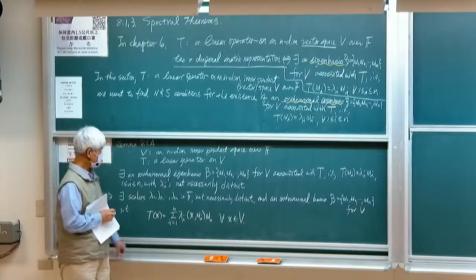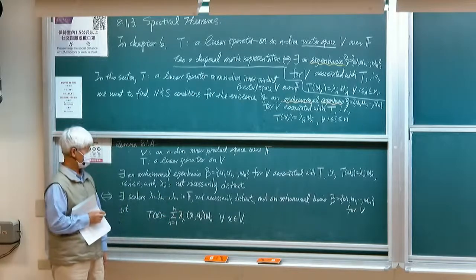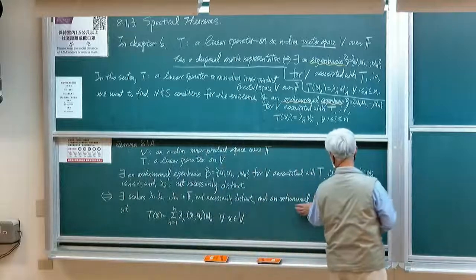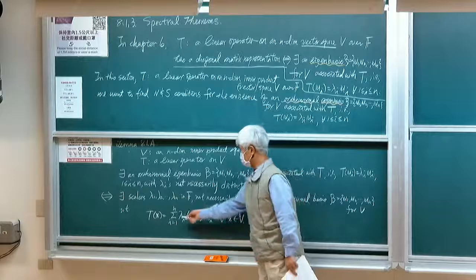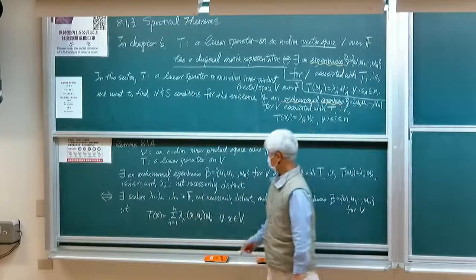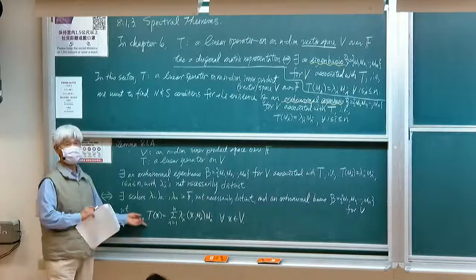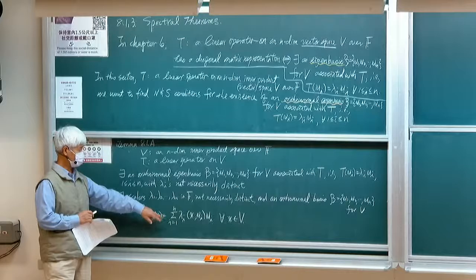The lambda i's are scalars, and u1, u2 up to un form an orthonormal basis for V. So you see that T has a very simple representation in this format.